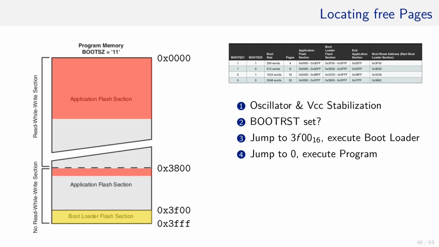Since we put part of our program, that is the function that is writing the data to the flash pages, at address 3800 in hexadecimal format, we have a gap here between the last instruction of our program and the function boot program page.